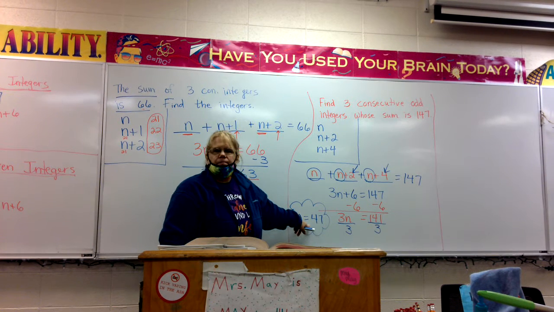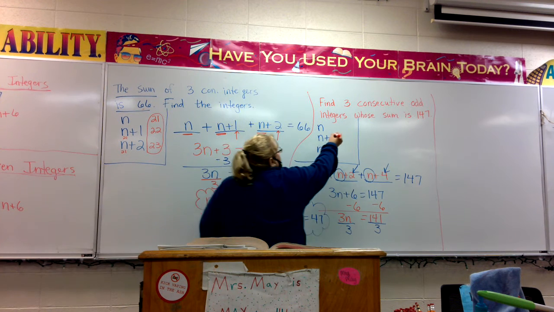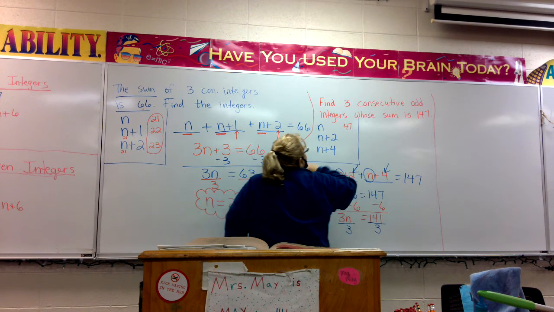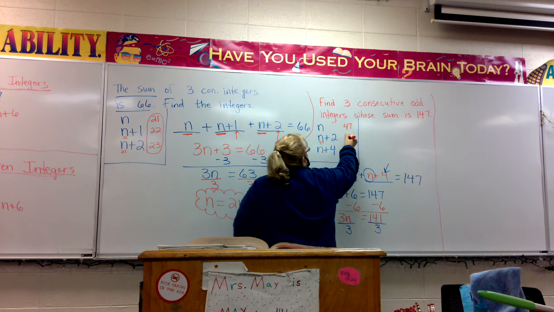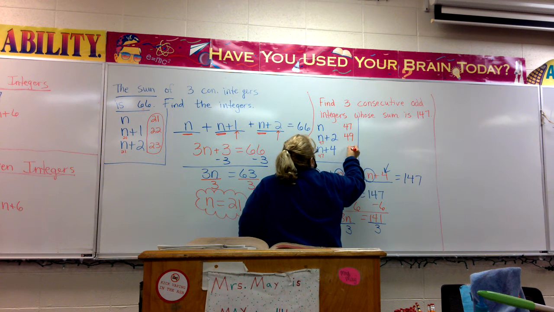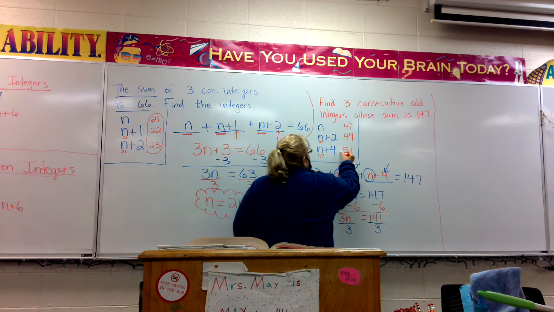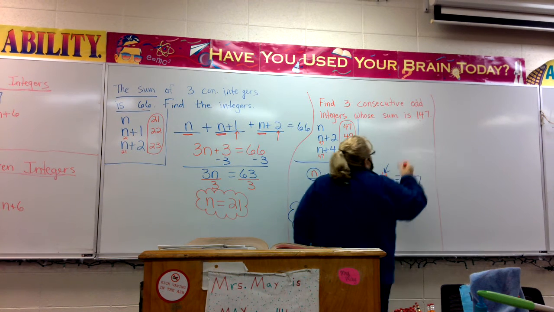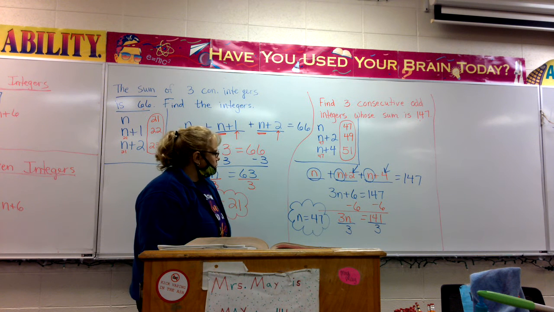I only have one. How do I get the rest? I found n is 47. Plug it in here. What's 47 plus 2? And my n is 47. What's 47 plus 4? And if I add up my three consecutive odd integers, it better equal 147. Does it? Oh, good.